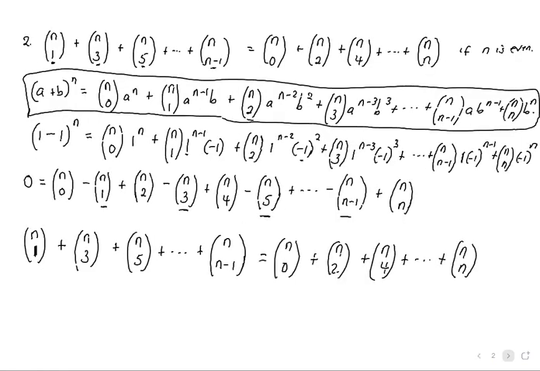Here, we know it can't be 1 plus 1, because if it is to be 1 plus 1, then we must have a 2 somewhere to the power n. Now there's no 2 to the power n, there's only the coefficients. So you know your choice cannot be 1 plus 1. Your choice should be 1 minus 1, so that on the other side there will be 0, so that when you take the number to the other side, it will make sense.